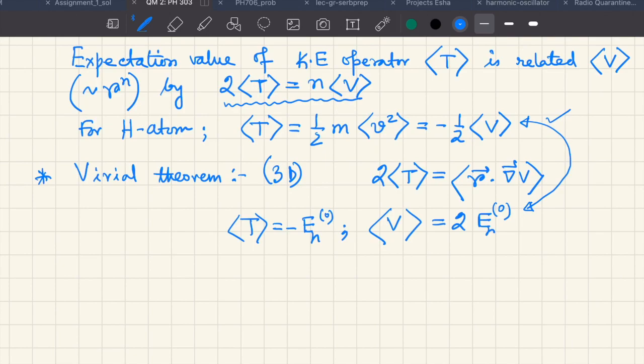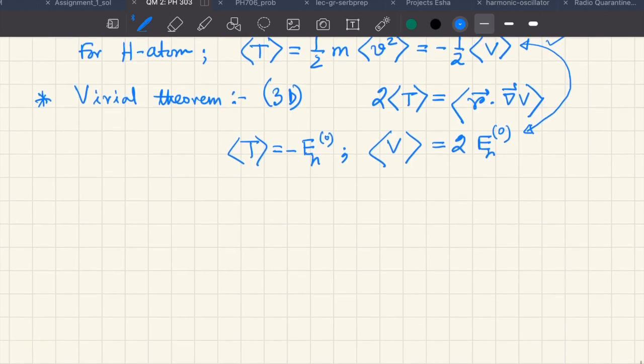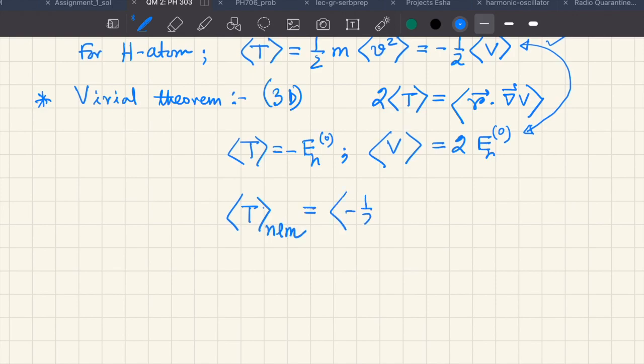Now, we just saw, I have just stated, I have not proved it, that the expectation value of T in the states NLM is minus half of V in NLM. Just now we have claimed that for the hydrogen atom.